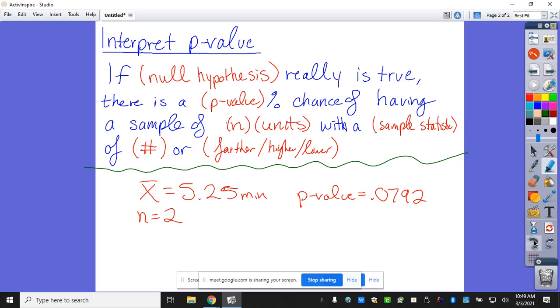Mean of 2.5125 or what? Farther, because it's a two-tail. So questions on interpreting p-value.